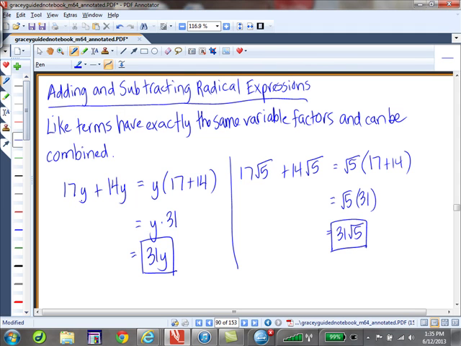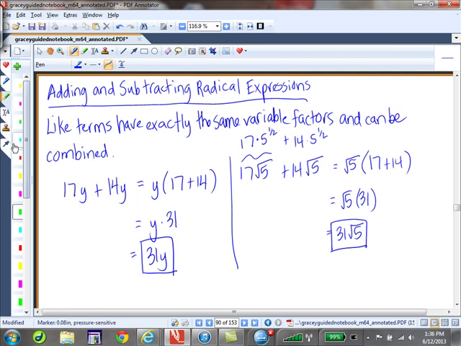So remember, this had the same variable raised to the same power. This has the same base raised to the same power. So here, if you look at these and think about it in that way, this is 17 times 5 to the 1/2 power plus 14 times 5 to the 1/2 power.